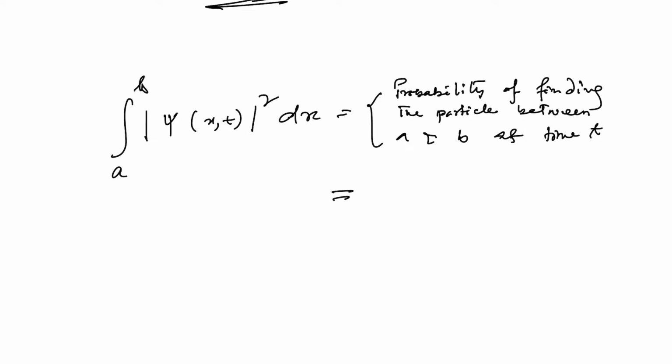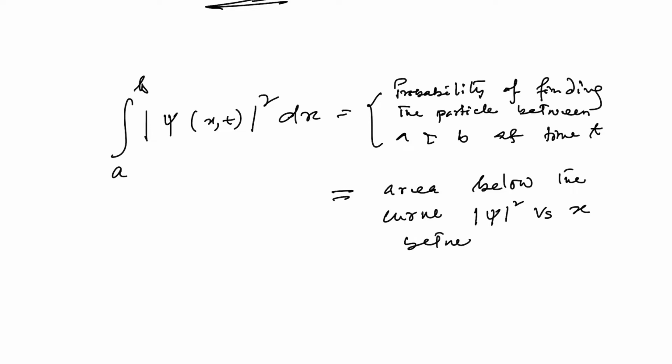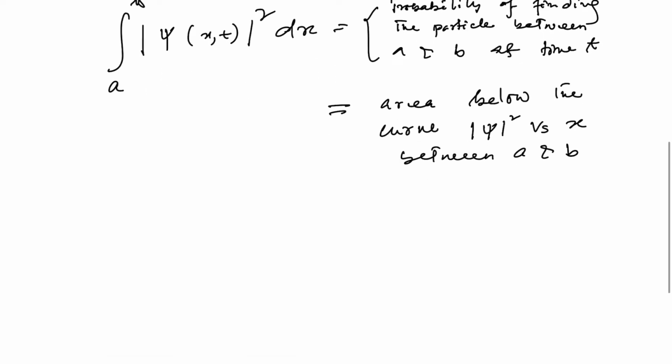And this is given by the area below the curve of mod psi square versus x between a and b. Suppose you draw a curve of psi square versus x.